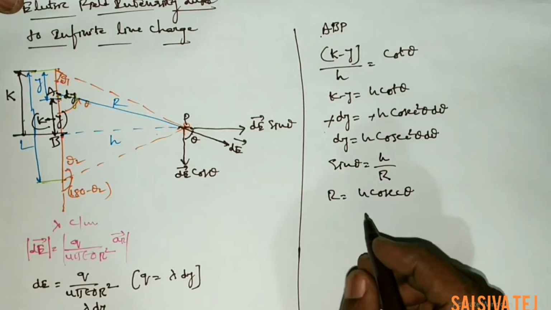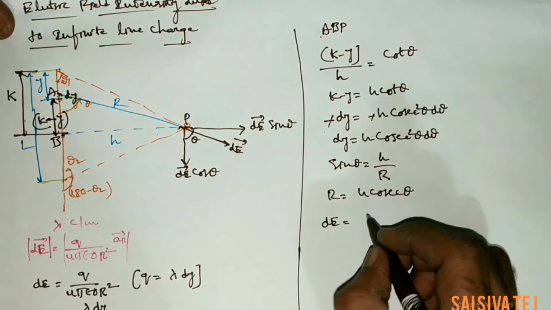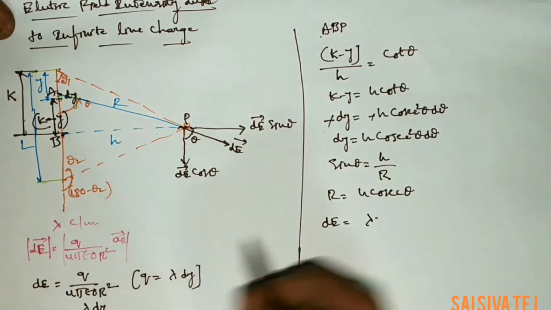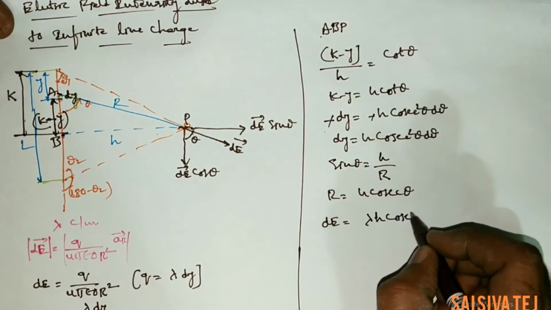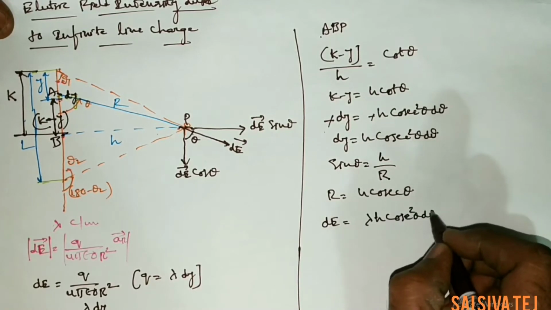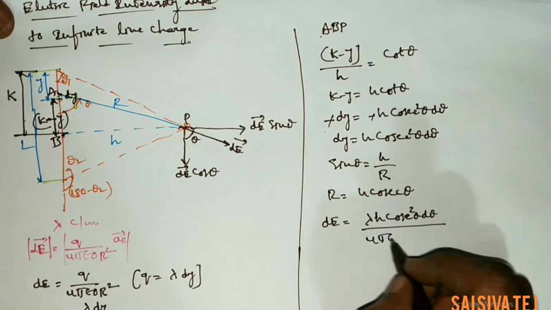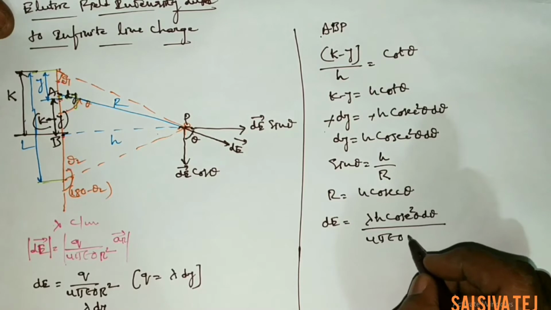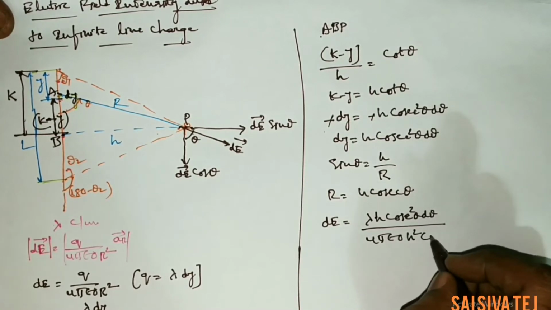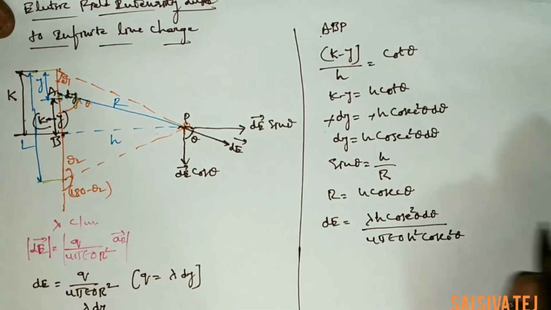We are going to have dE equal to lambda multiplied by dy, which we have calculated as h cosecant square theta d theta, divided by 4 pi epsilon naught into r square. R is h cosecant theta, so squared it becomes h square cosecant square theta.